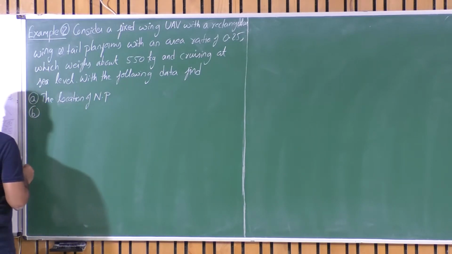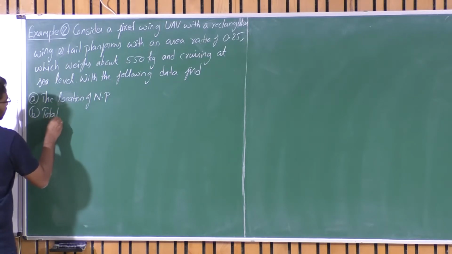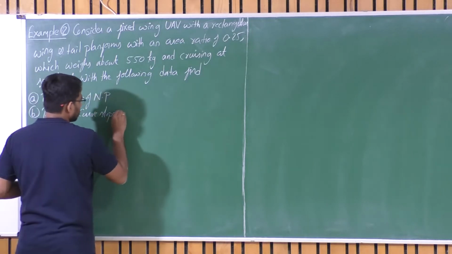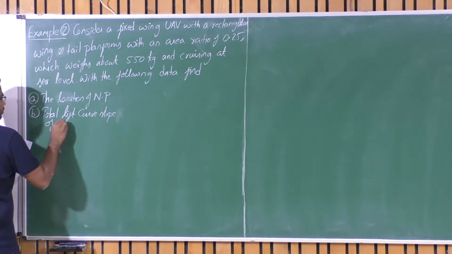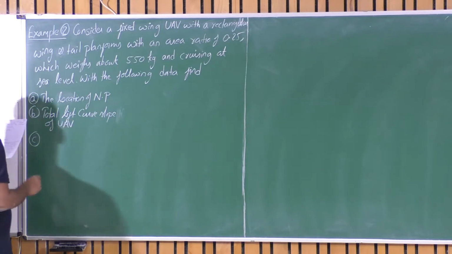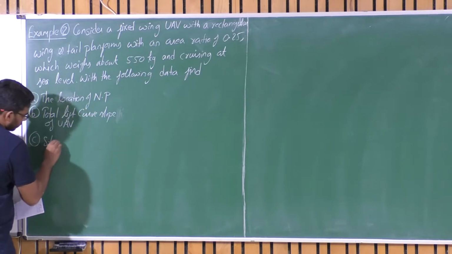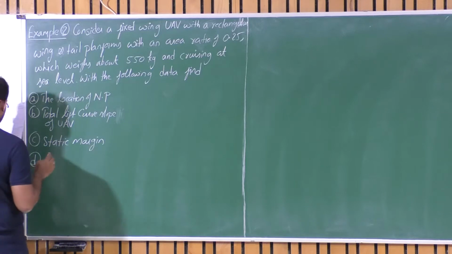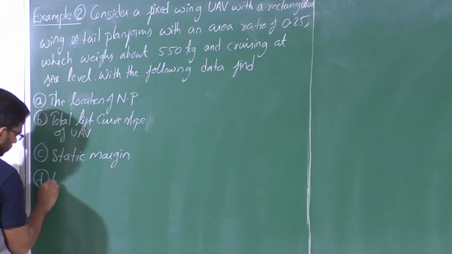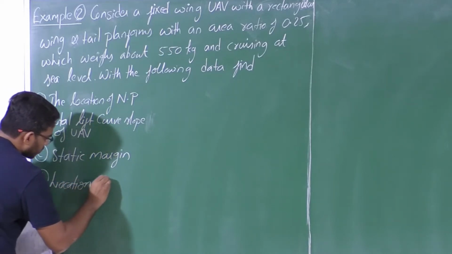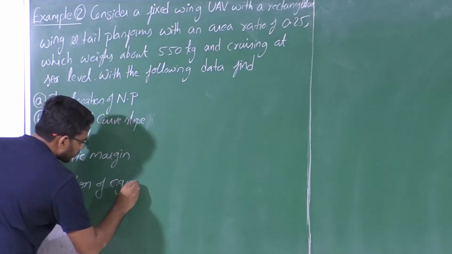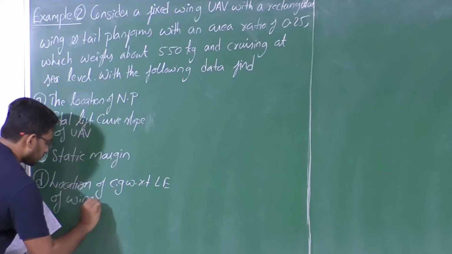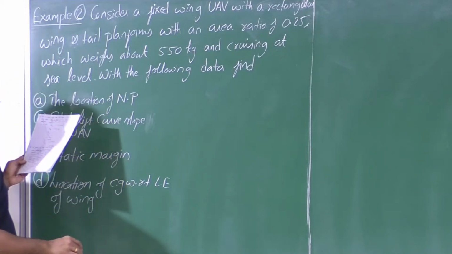B, the total lift curve slope of the UAV. Then the static margin, and the location of CG with respect to the leading edge of the wing. Horizontal tail volume ratio and tail setting angle.